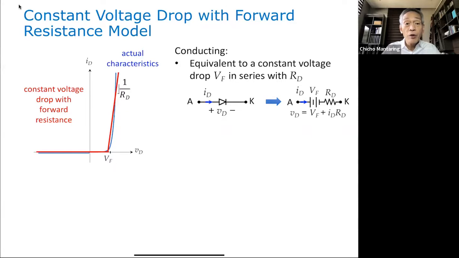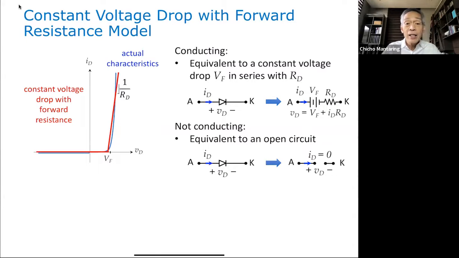So that is your constant voltage drop model. When not conducting, it's equivalent to an open circuit. So not conducting would be from this point left, where I of D is considered equal to 0.